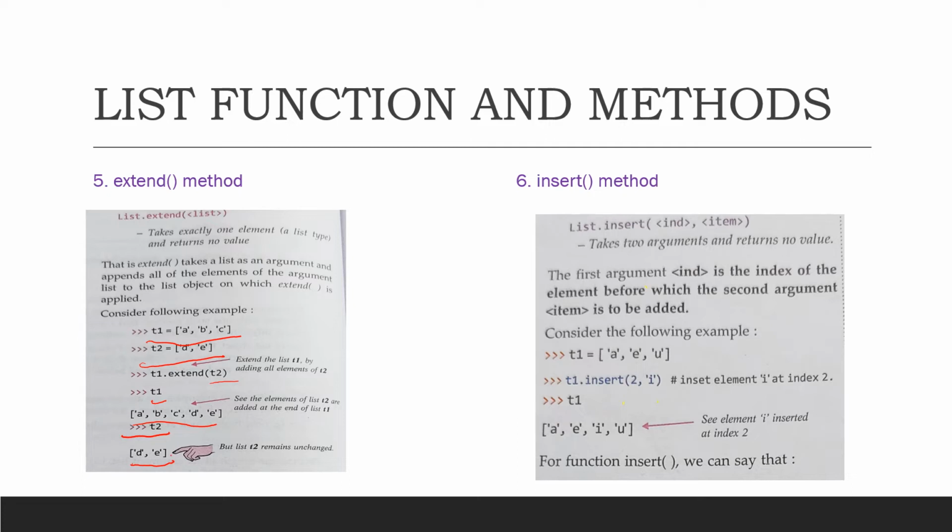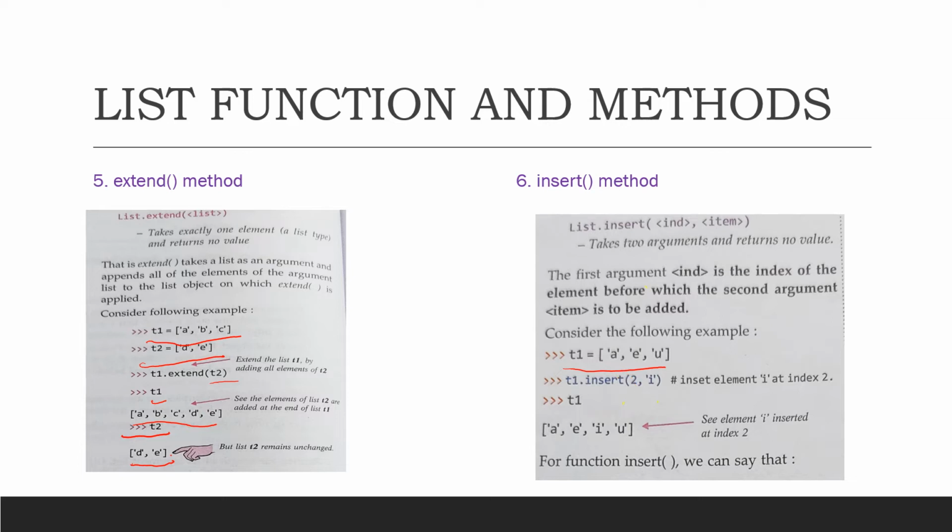Next is insert. Insert is nothing but you insert some value in between the list. So like in the example over here, you see T1 is equal to A, E, U. So now you are using the syntax T1 dot insert, in which you are giving the index value over here, that is 2.